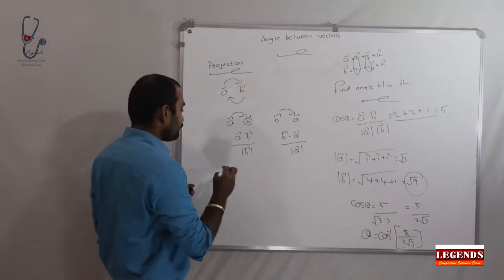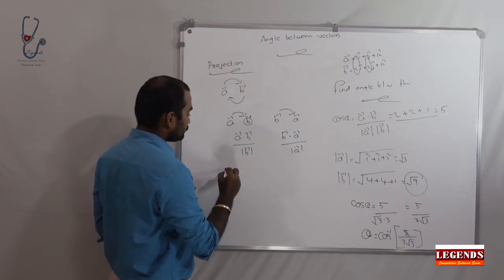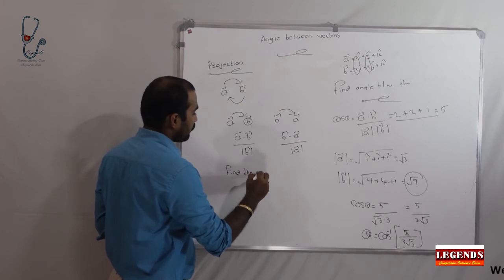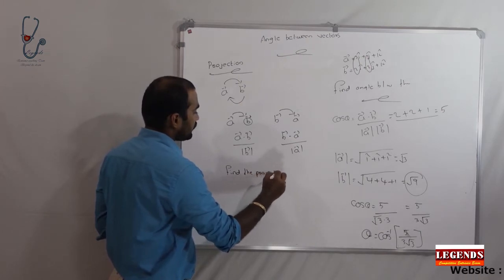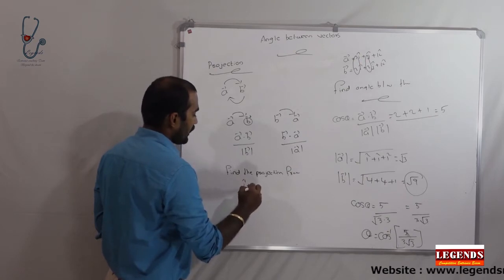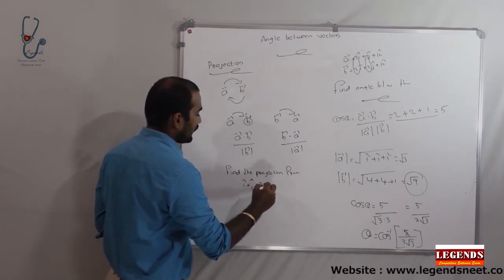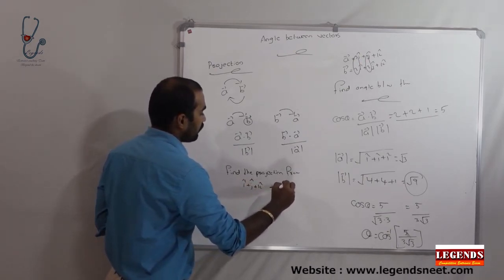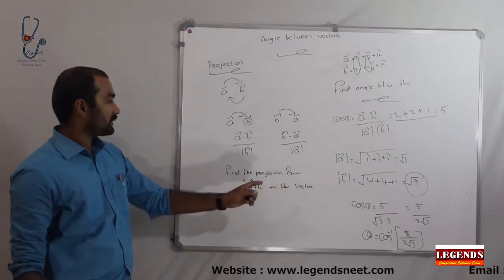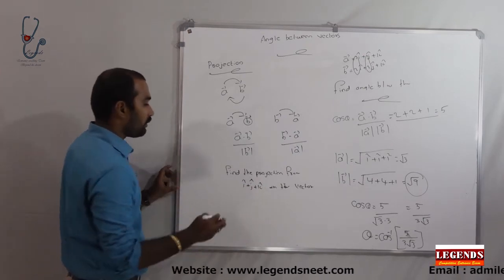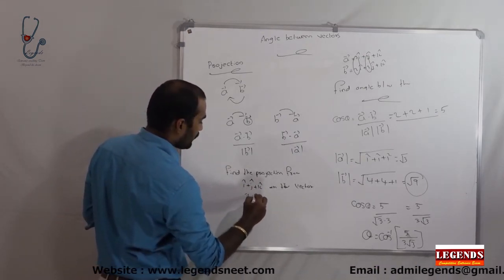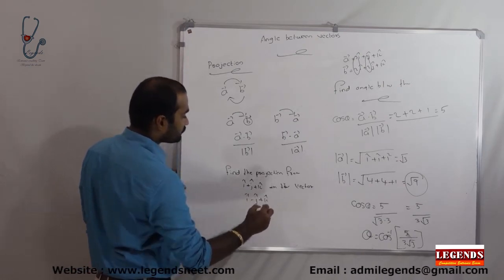For example, find the projection of i plus j plus k on the vector i minus j plus k.